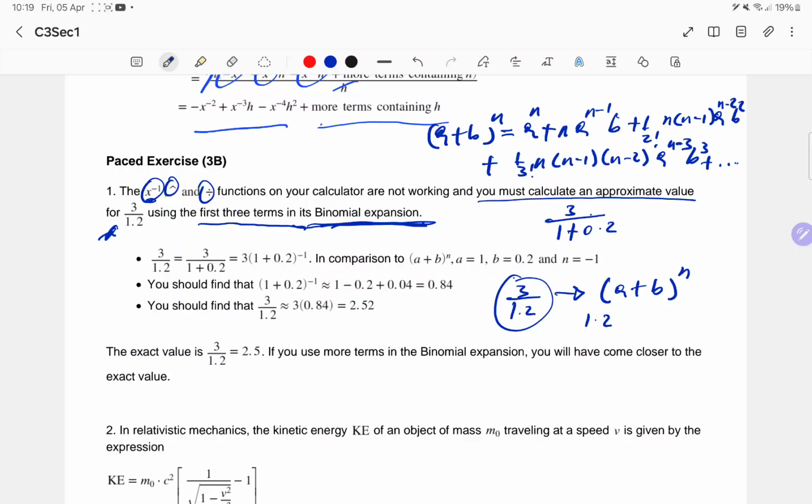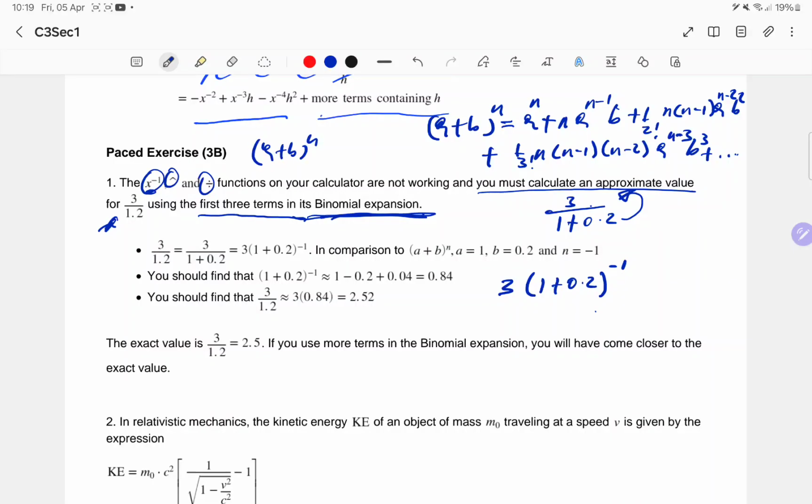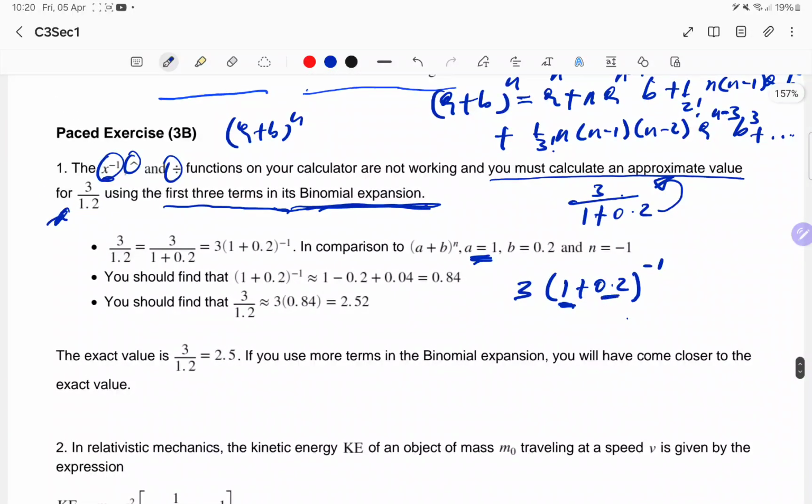Now take this to the numerator position. You're going to have 3 into (1 plus 0.2) raised to the power minus 1. So this takes the form (a plus b) to the power n. Here 1 is our a, 0.2 will be our b, and our n is minus 1.